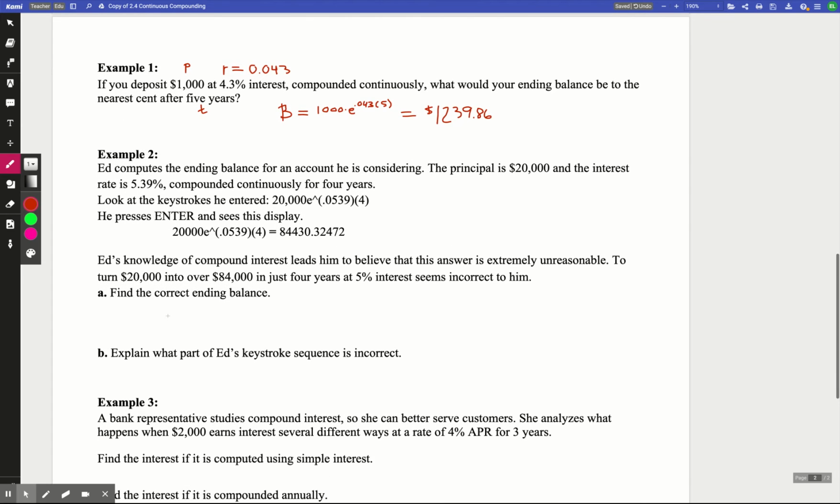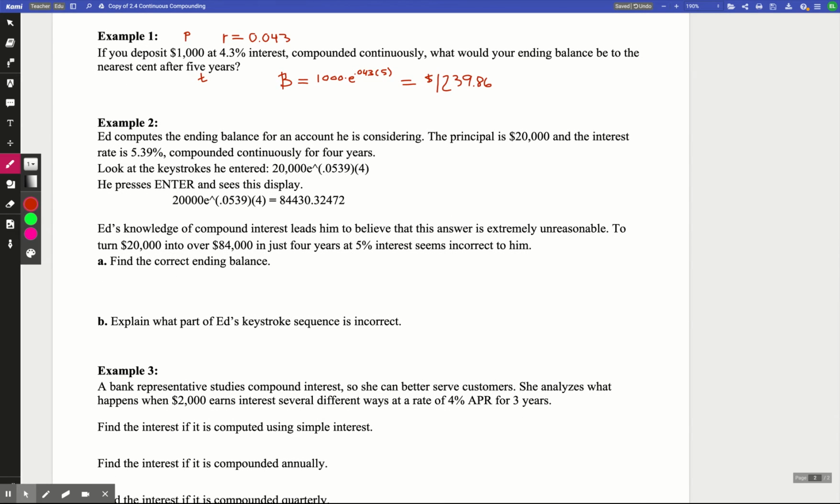In example 2, this example more so goes over the way to use a calculator as a tool for calculating continuous compound interest. So here we see that Ed computes the ending balance for an account he's considering. The principal is $20,000 and the interest rate is 5.39%, compounded continuously for 4 years.